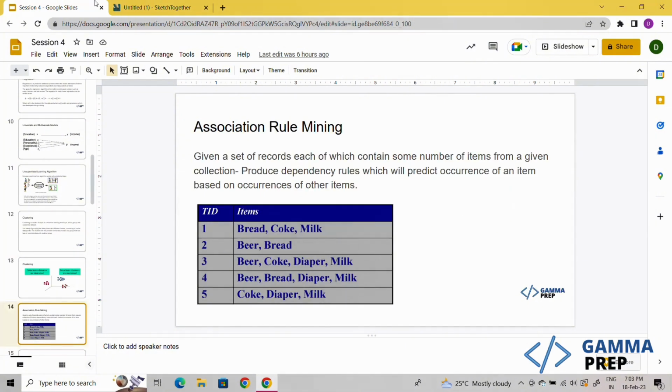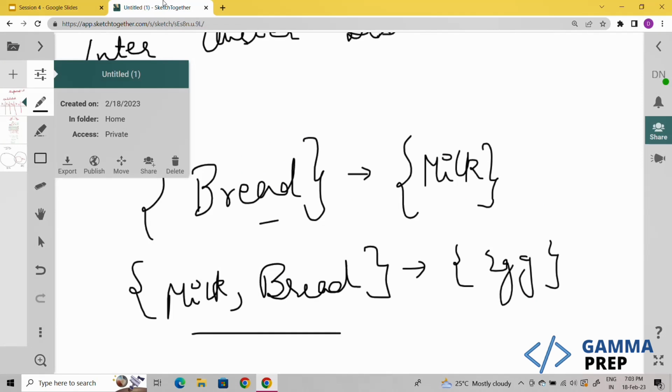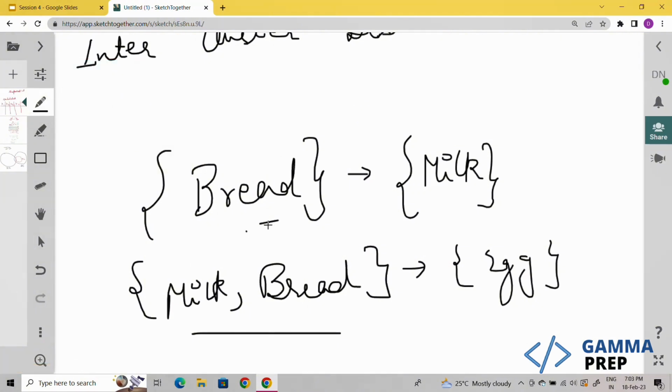What is the advantage of association rule mining, or why are we actually doing it? This is going to be very important for the shop or the market. Why? Because let's say in the supermarket, I have only 100 units of bread with me, whereas I have only 10 units of milk with me.